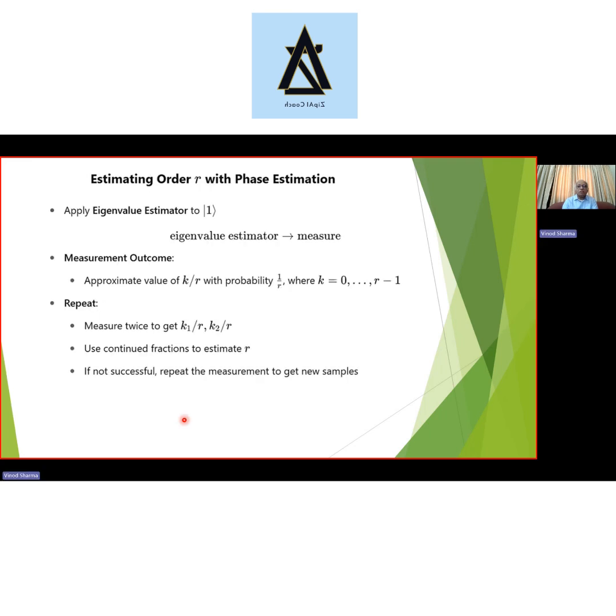So this gives a uniform probability, one element k from 0 to r minus 1, which is what we were looking for.